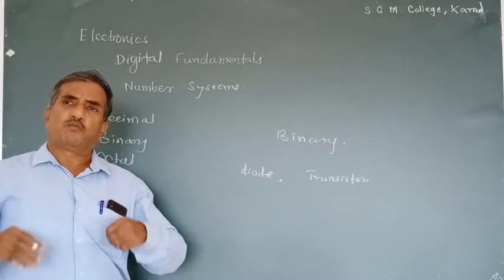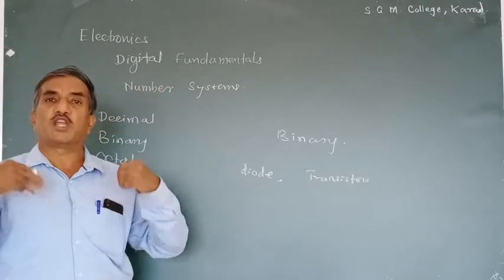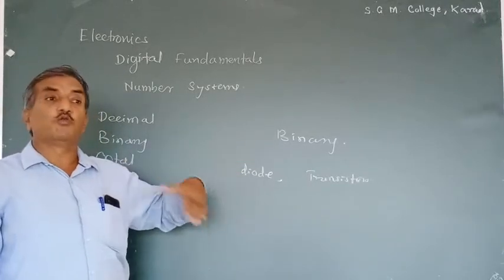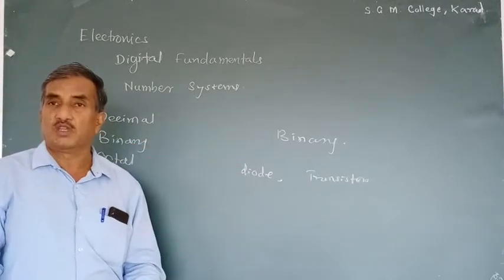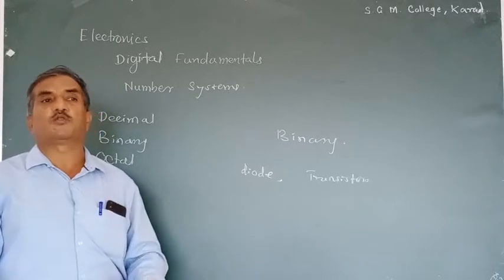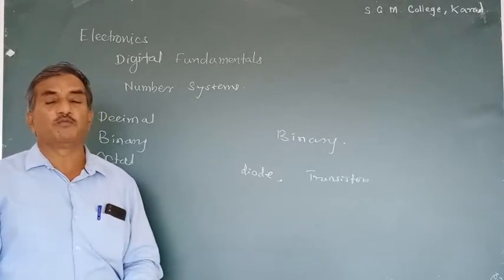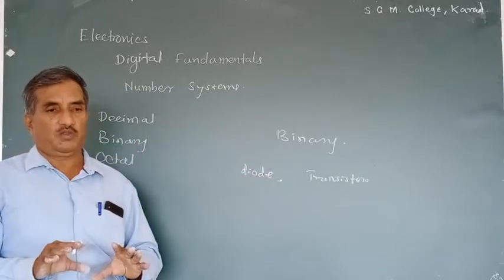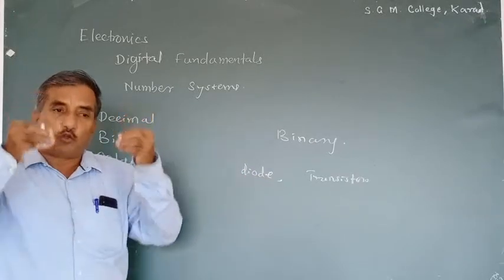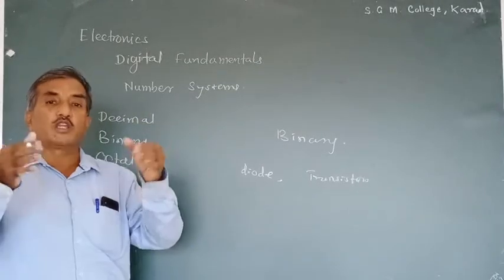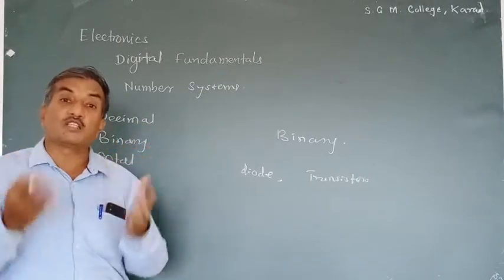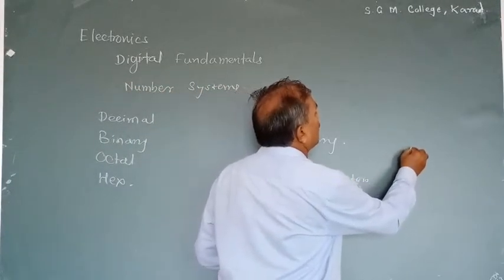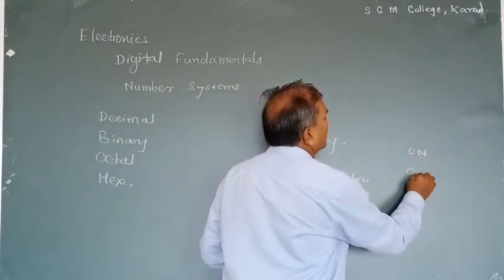They have tremendous application potential, and we can use these devices in various ways. But it was observed and studied that these devices work reliably, accurately, and with high speed if we use them in only 2 states, on and off.